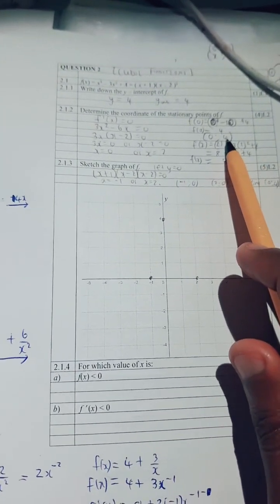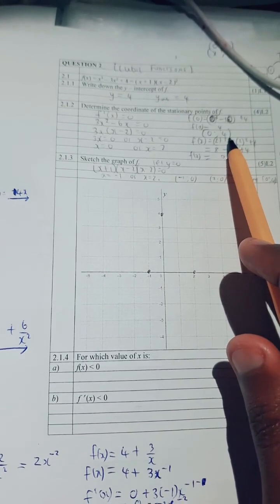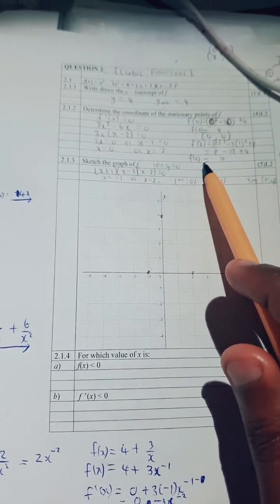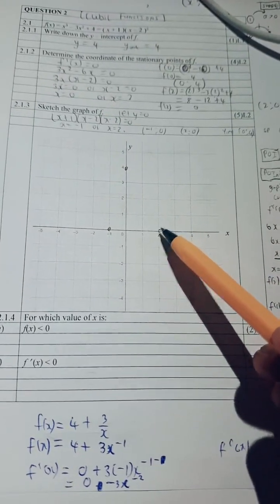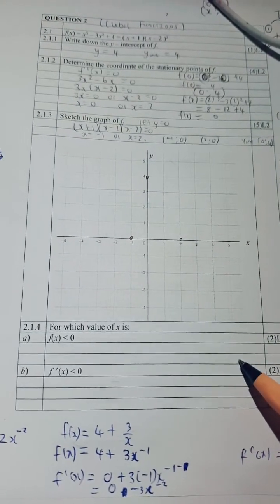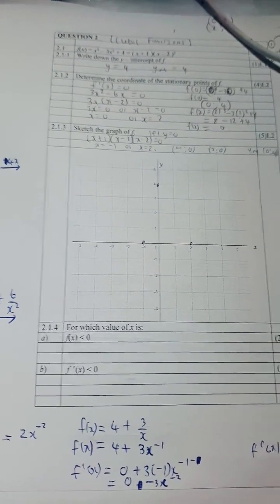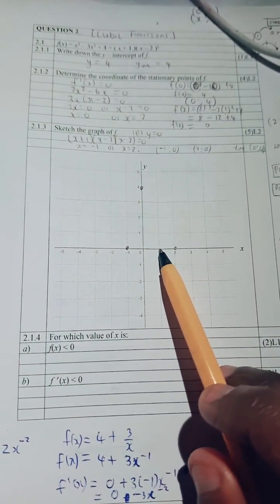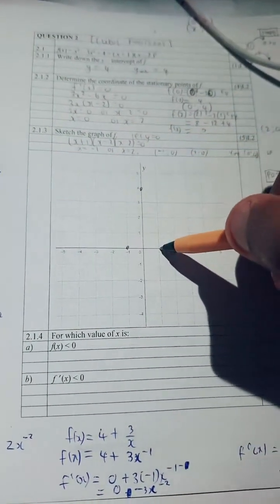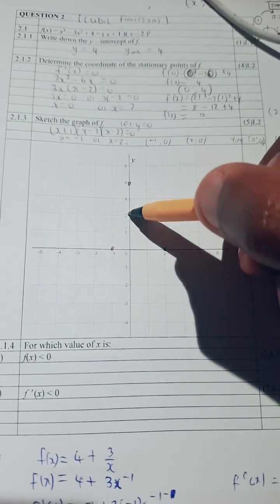And where's the other one? Stationary point, the other one, (2, 0), obviously we are coinciding at the same place there. What else? Point of inflection, when x is 1, y is 2. So when x is 1 is here, y is 2 is there.